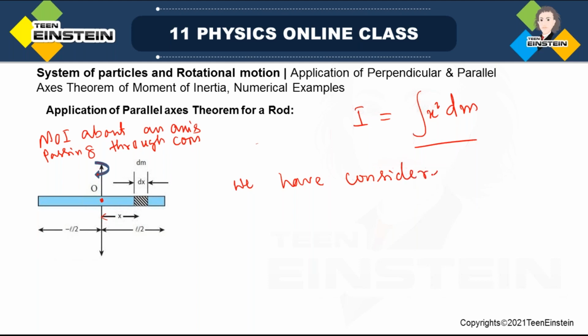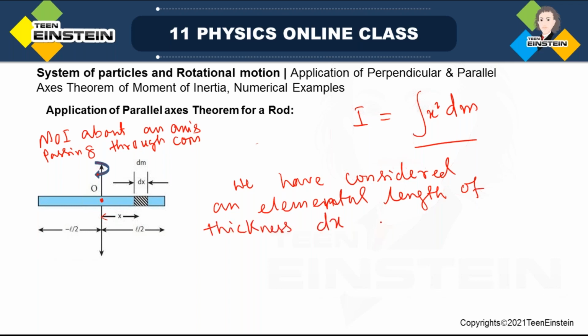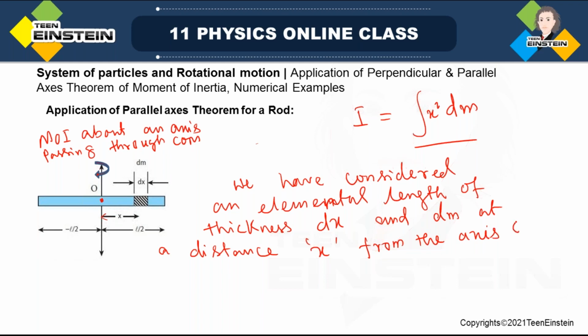We have considered an elemental length of thickness dx and mass dm at a distance x from the axis of rotation.